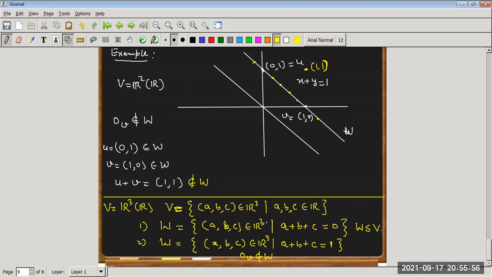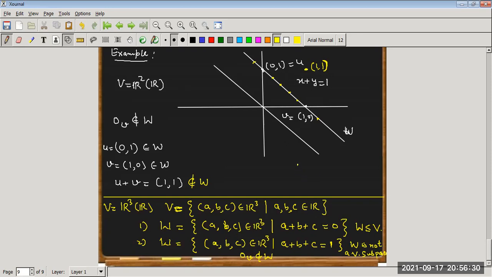The identity element does not belong, or it is a plane which does not pass through the origin. So we can say W is not a vector subspace. You have to keep these points in mind: if the sum is a non-zero scalar, then directly you say that W is not a vector subspace, because 0_V does not belong to it.